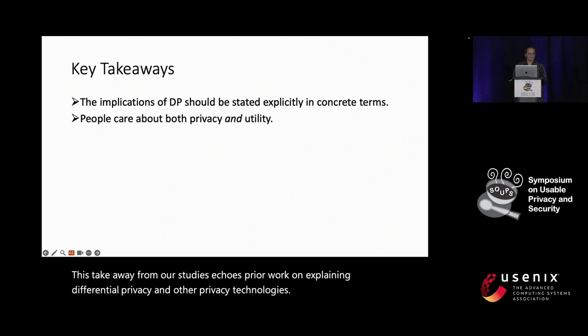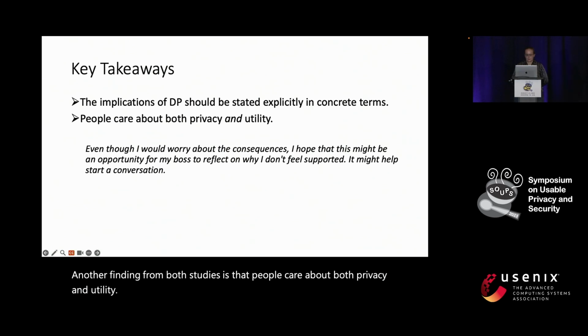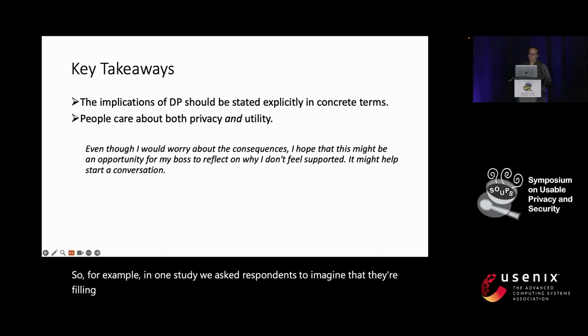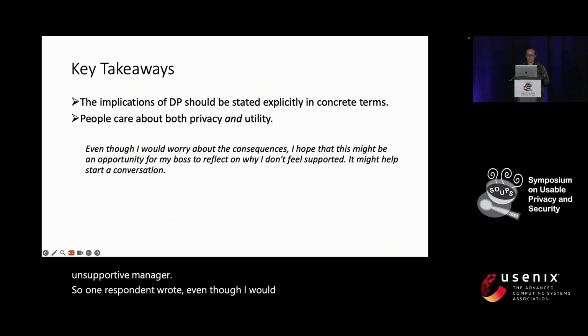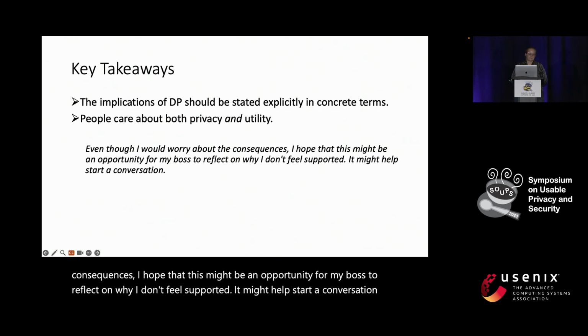Another finding from both studies is that people care about both privacy and utility. For example, in one study, we asked respondents to imagine that they're filling out a survey at work and that they're having issues with an unsupportive manager. One respondent wrote, "Even though I would worry about the consequences, I hope that this might be an opportunity for my boss to reflect on why I don't feel supported. It might help start a conversation."